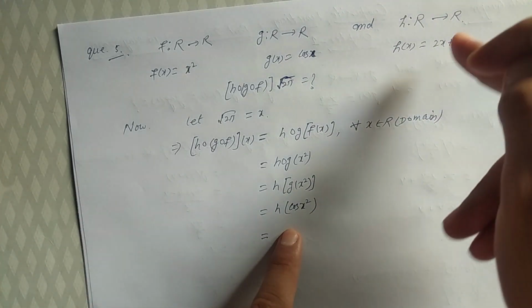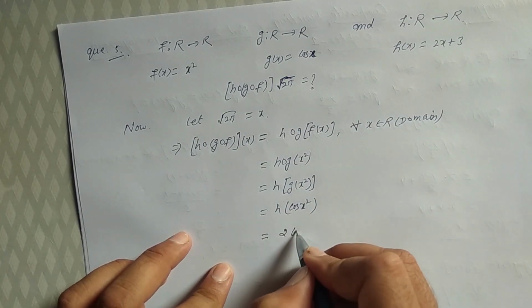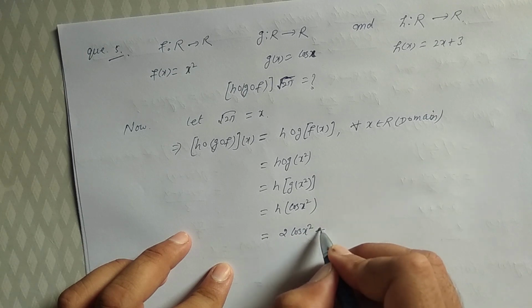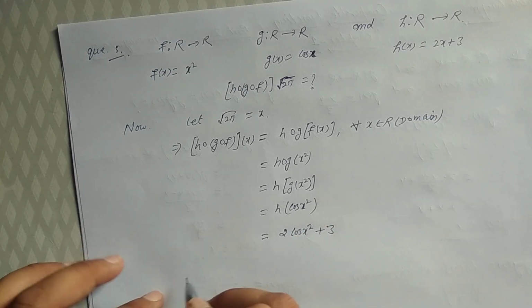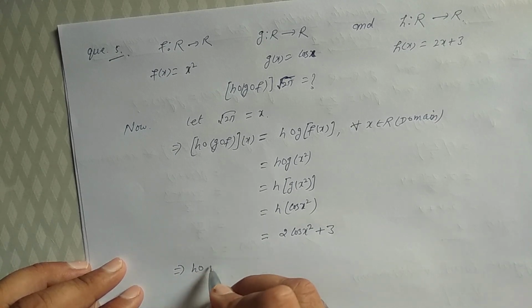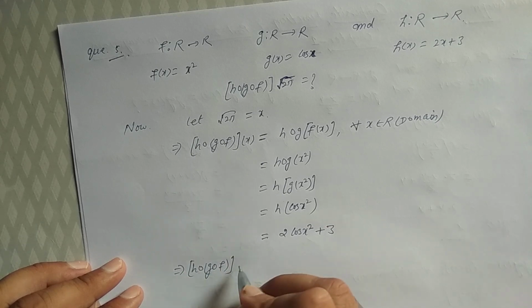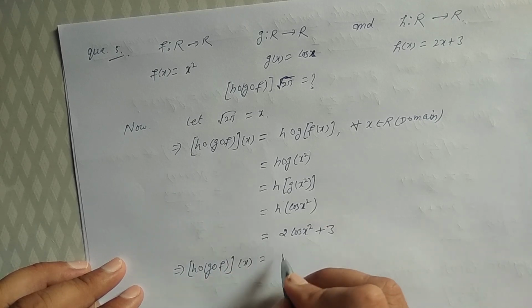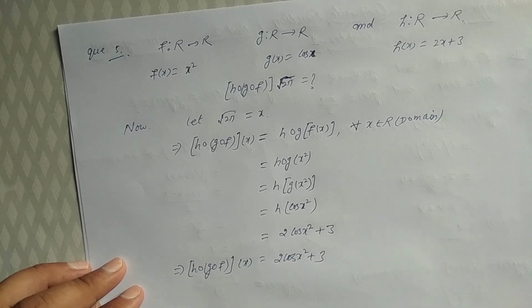Putting the value of h(x), 2 into cos x square plus 3. This implies hogof(x) is equal to 2 cos x square plus 3.